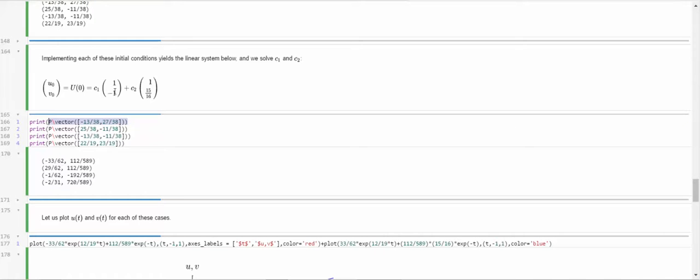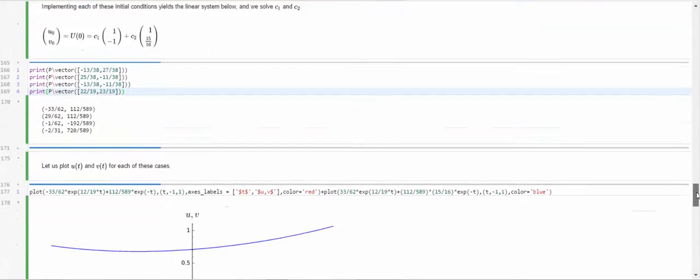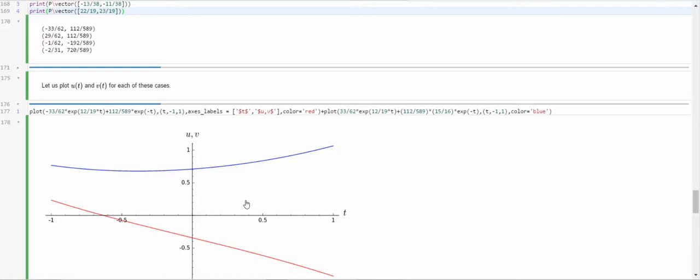Now remember, these vectors here were my eigenvectors, so I take the inverse of the P eigenvector and apply it to the right hand side, which is the initial condition, and I get the values for my constants C, and then I plot the corresponding solutions for U and for V. And so here's V, which was the blue curve.